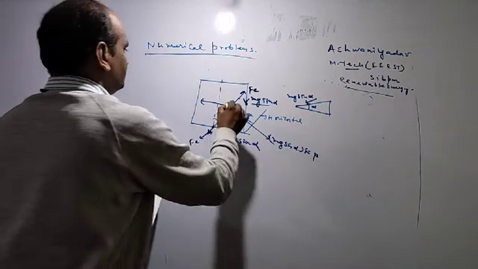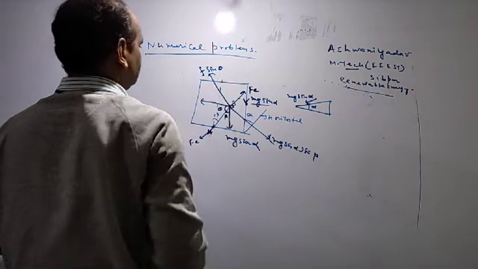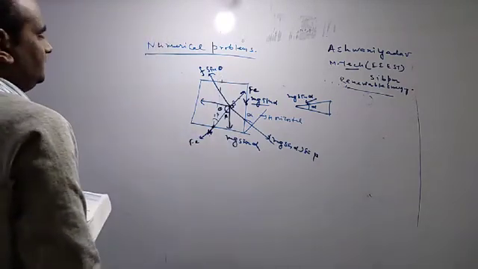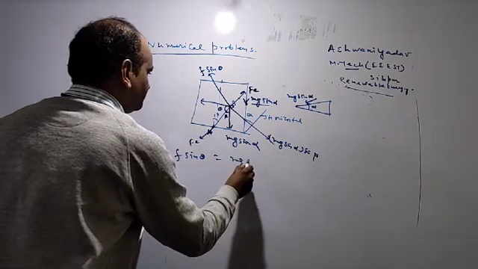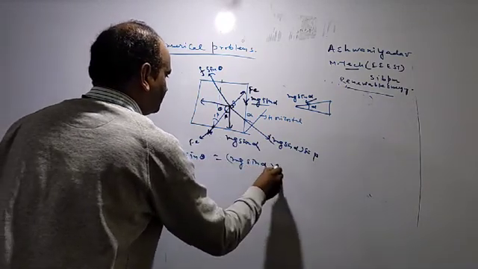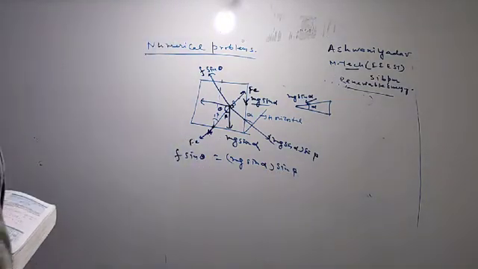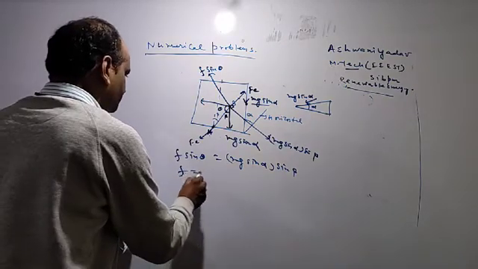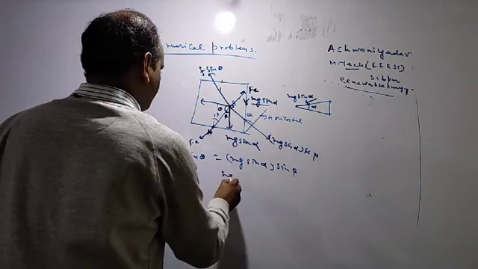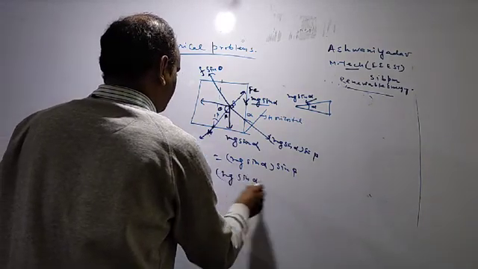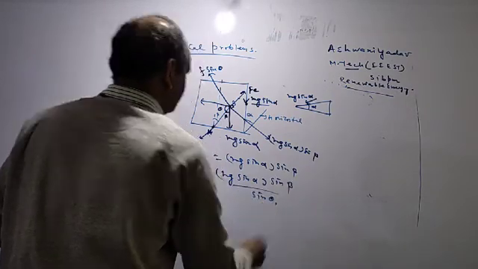So take one component of friction, that is F sin theta. Then the F sin theta friction force should be balanced by this force because the particle is at an equilibrium point. Now for the friction force, we have mg sin alpha sin beta and sin theta.